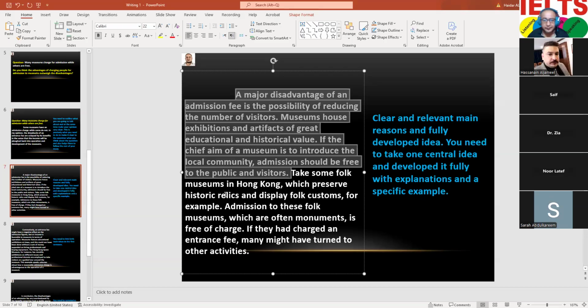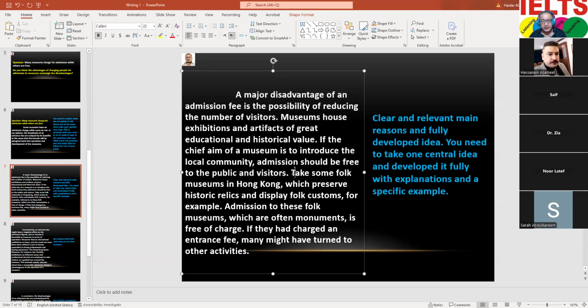It should be something logical. For example, here, take some folk museums in Hong Kong, which preserve historic relics and display folk customs. I gave the example.